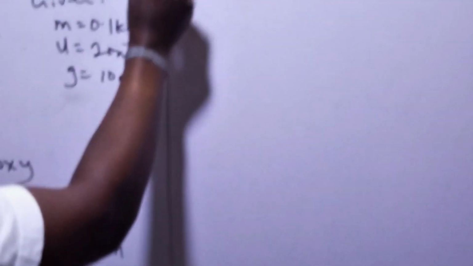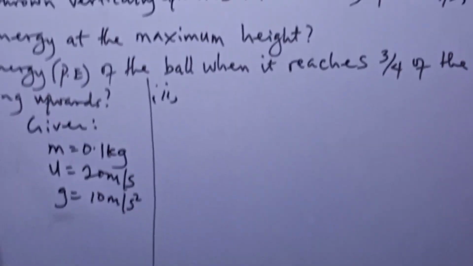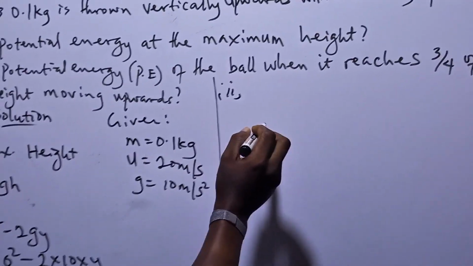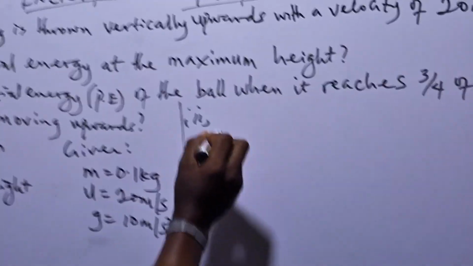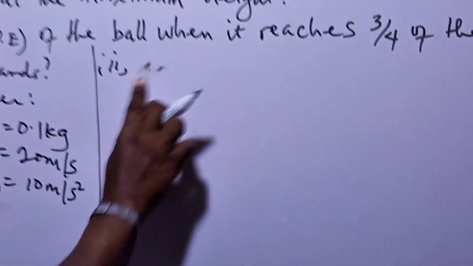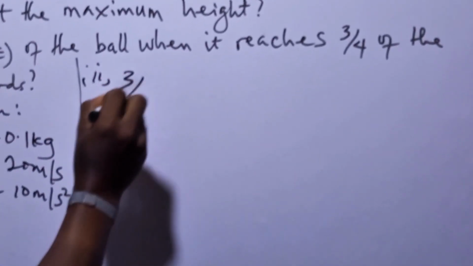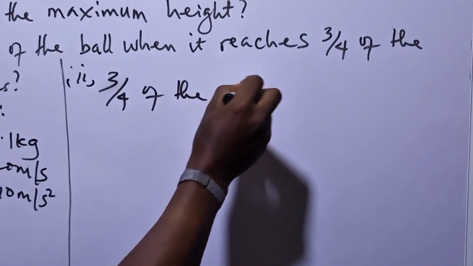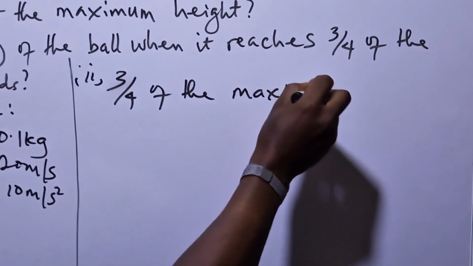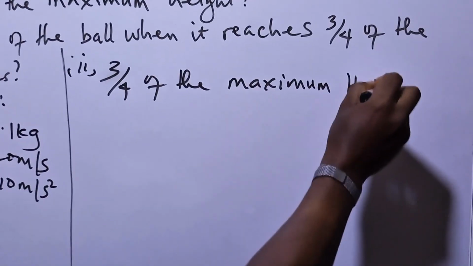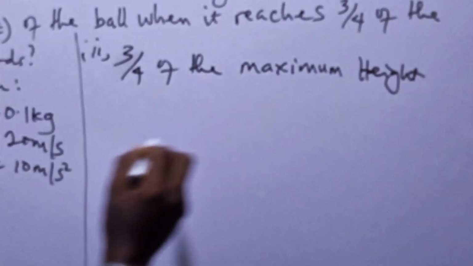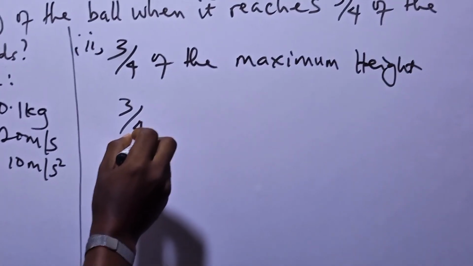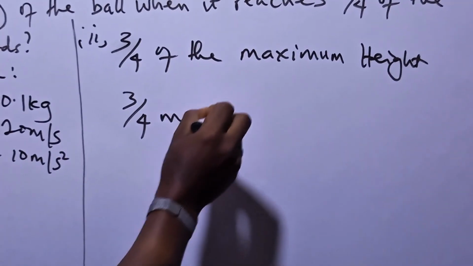The second one asks for the potential energy of the ball when it reaches 3/4 of the maximum height moving upwards. Now this is 3/4 of the maximum height, which is 3/4 times the maximum height.